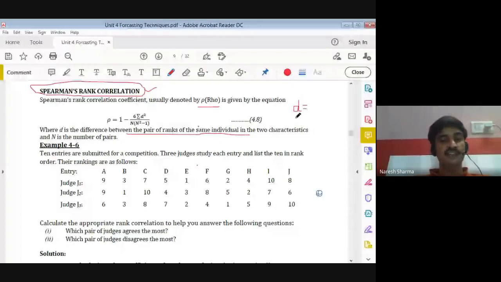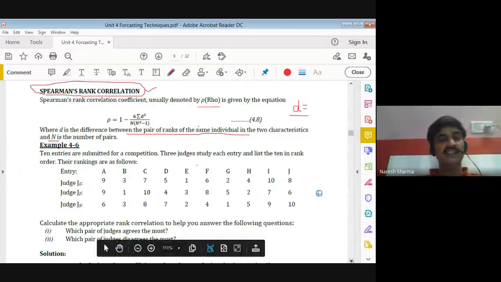Also n is the total number of pairs, the number of elements we have. So the formula is simple: 1 minus 6 into summation d square divided by n into n square minus 1.